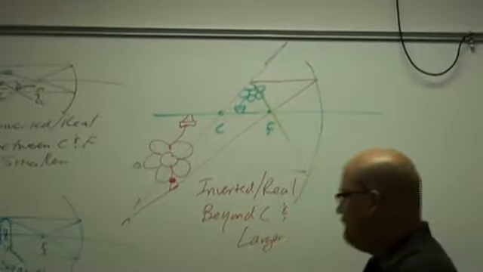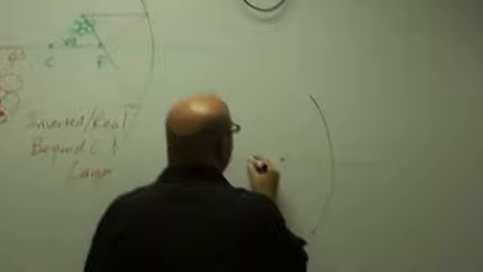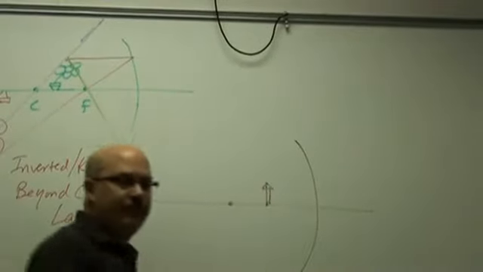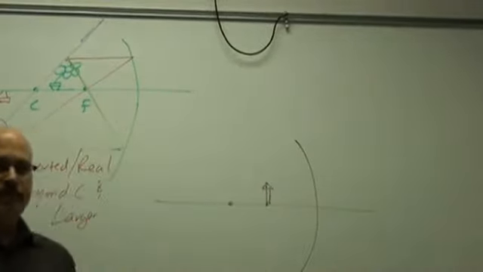All right, so here we go. Now, everybody, don't draw this one. Okay, I'm going to put one on the focus right here. Now, if I draw a light ray that goes in parallel, it's going to come back through the focus.